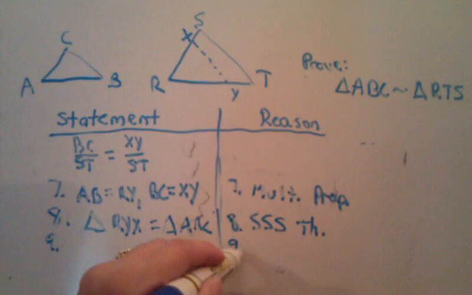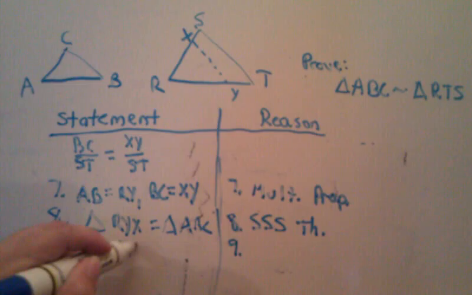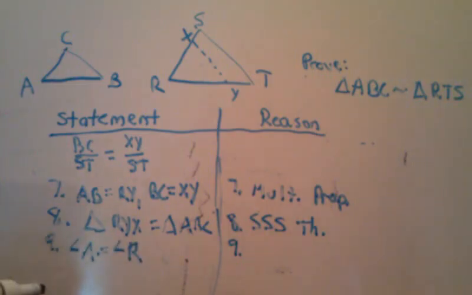Okay, number 9 says, okay, now remember, these angles in order are equal. Look, angle R equals angle A, angle Y equals angle B, and angle X equals angle C. Alright, so angle A equals angle R and angle B, angle Y equals angle B, right?